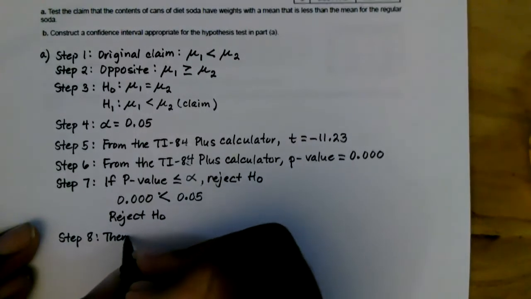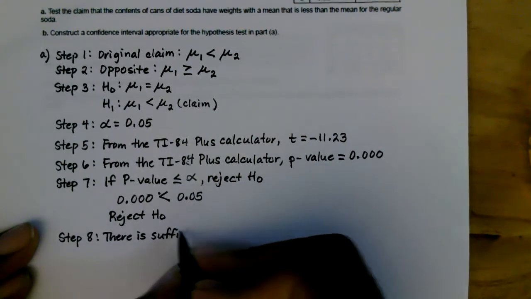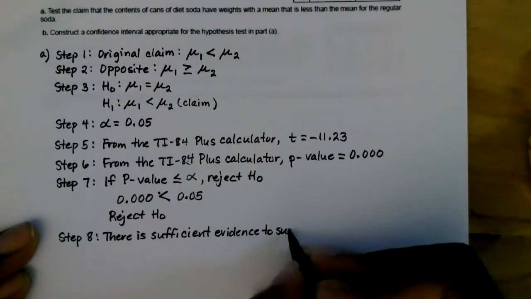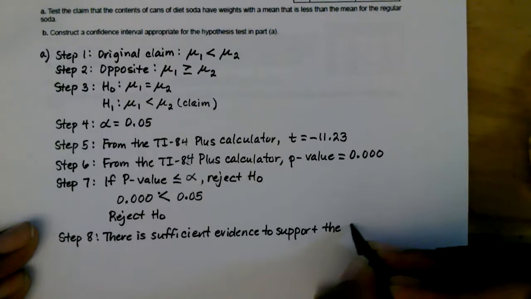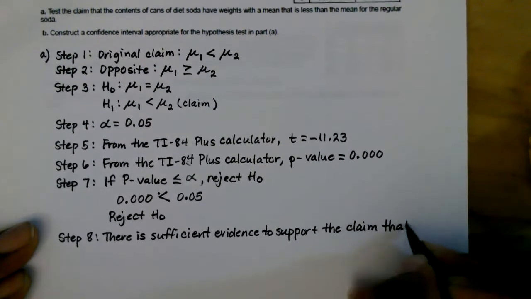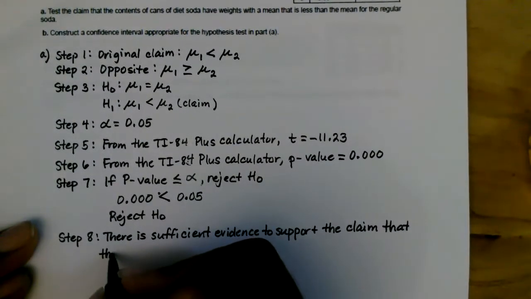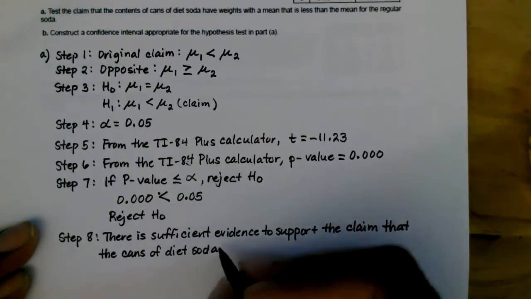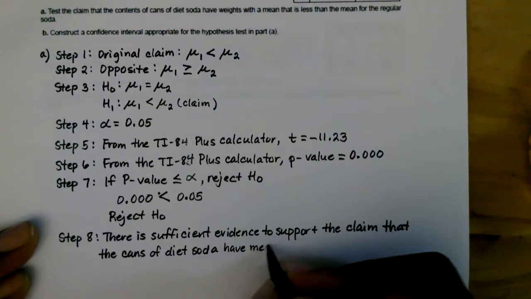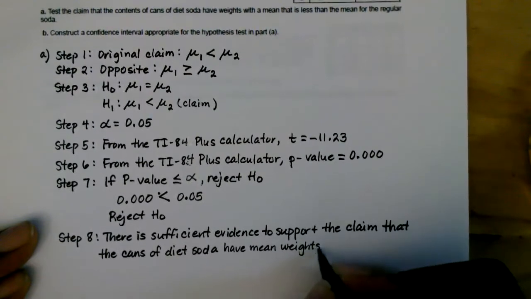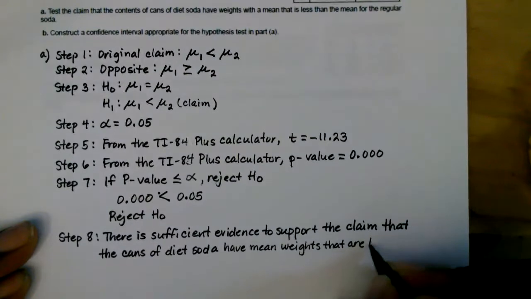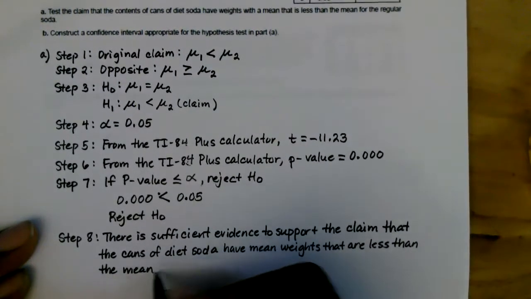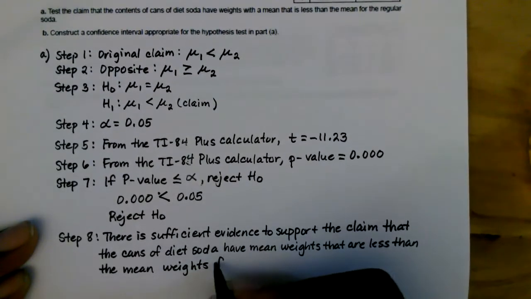So my statement here would be that there is sufficient evidence to support the claim that the cans of diet soda have mean weights that are less than the mean weights for regular soda.